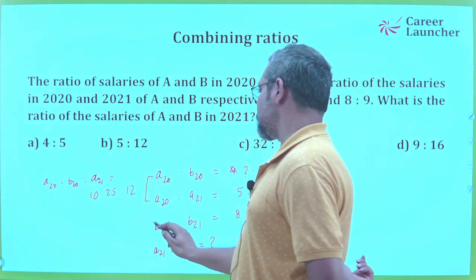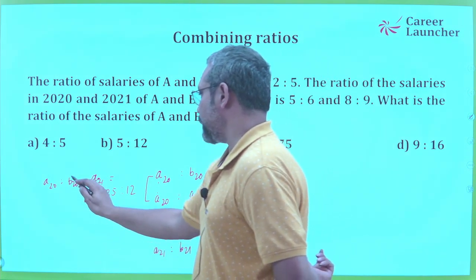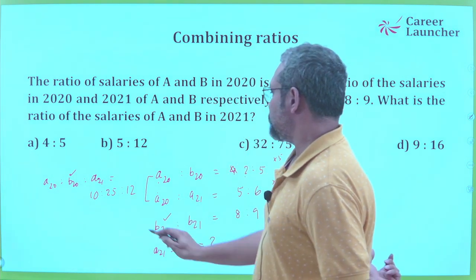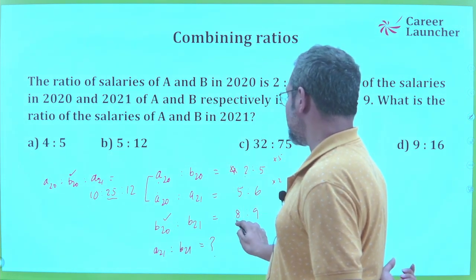Next we have this B20, B21. So B20 is common. B20 here is 25, B20 here is 8.